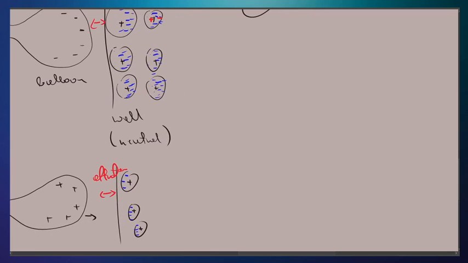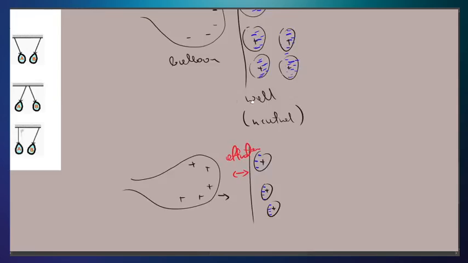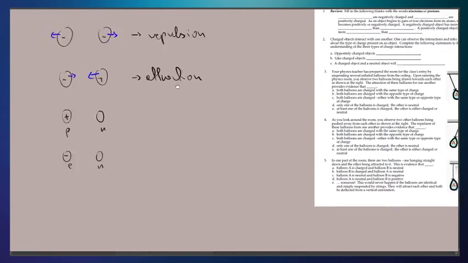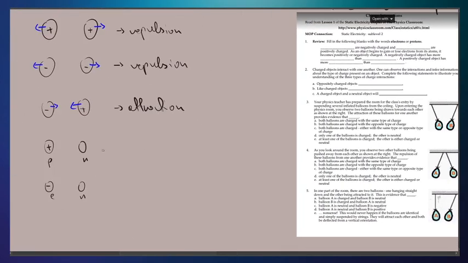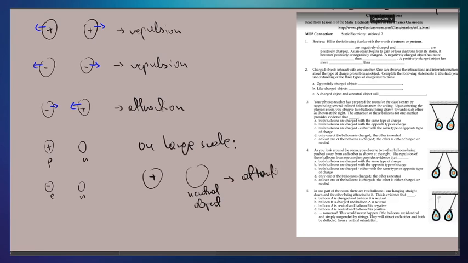So in general, on a large scale, a positively charged object and a neutral object, not neutron, but neutral object, what we get here is attraction.